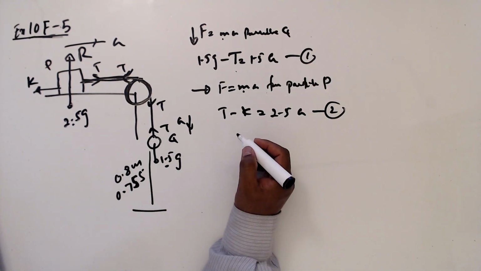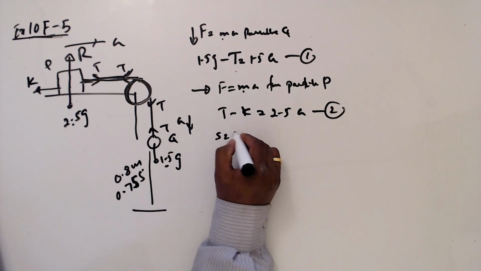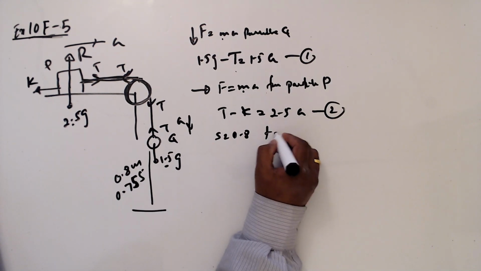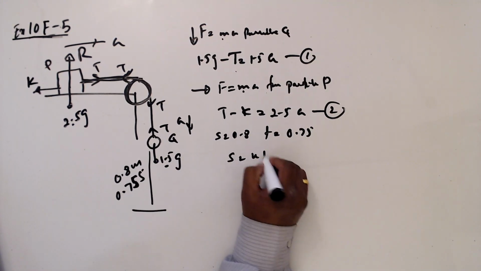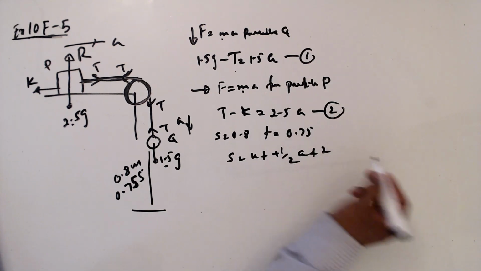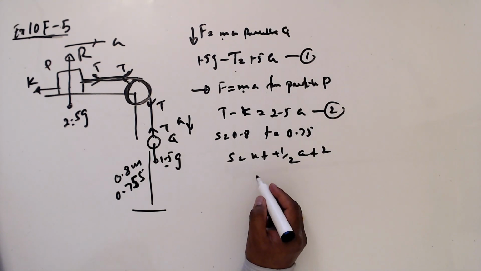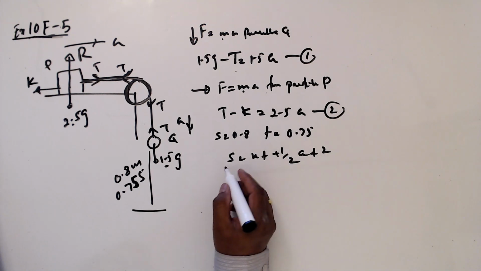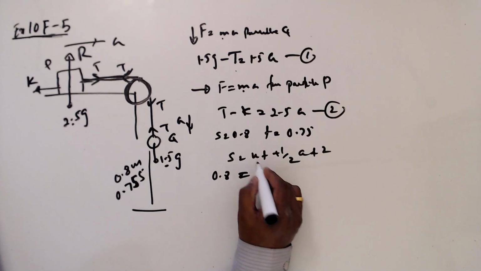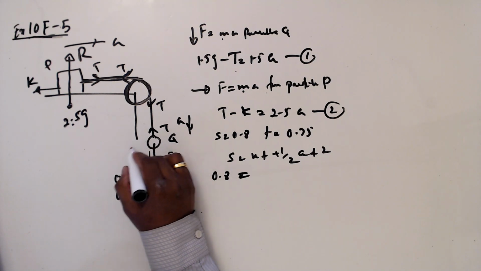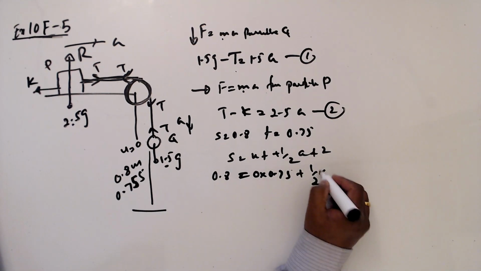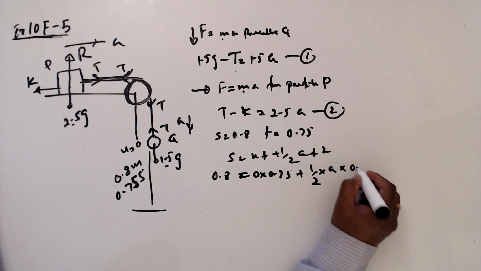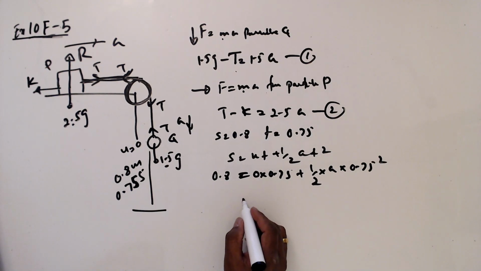So s is given as 0.8, t is given as 0.75, then s equals ut plus half at squared. Then we can find a. s is 0.8, and u we know, starting at rest, equals 0. So 0 times 0.75 plus half a times 0.75 squared.